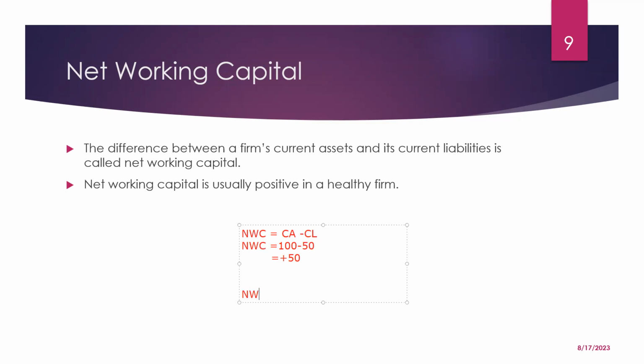And in the other case, the current assets are 100, the same scenario, and the current liability is 130. So now what has happened? The current liability is higher than the current assets. Then this will become minus, right?